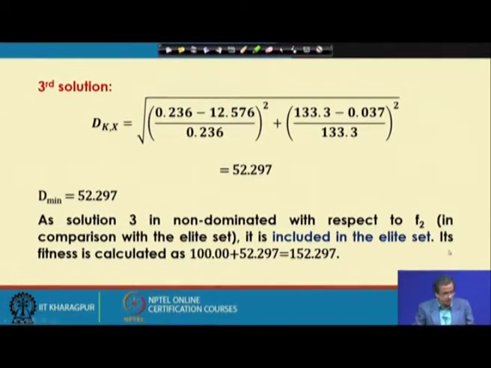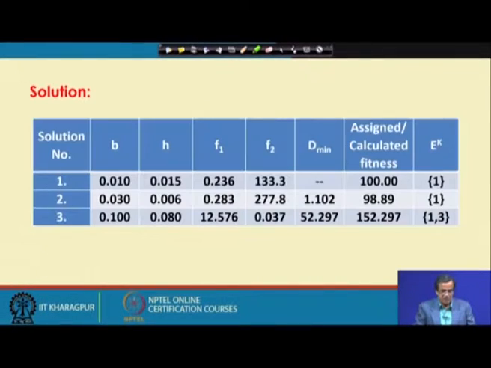And once you have got the fitness for the third solution, I am in a position to write down this fitness, that is 152.297, and the solution 3 is going to enter this non-dominated set. The same procedure I will have to follow for the other solutions of the population.